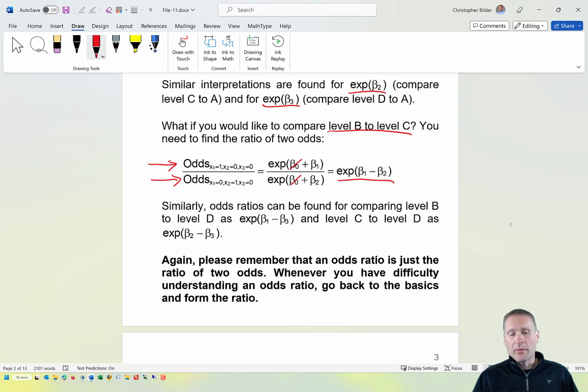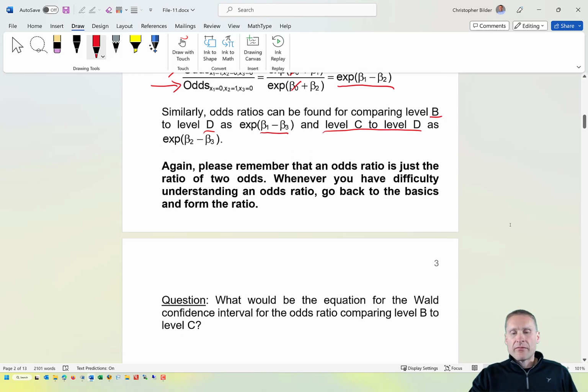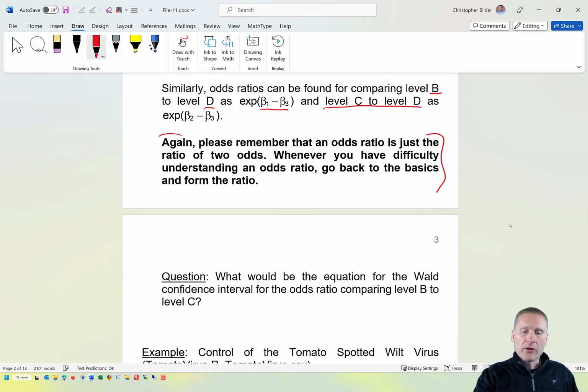So that's how that would be calculated. Then for level B to D, the exponential function evaluated at beta 1 minus beta 3, and also you could do level C to D as well. The key is, again, always go back to basic principles of the odds ratio being the ratio of 2 odds. Write out these 2 odds in terms of the model itself, do some simplification, and you get the odds ratio of interest.